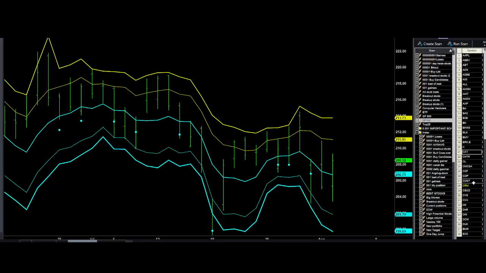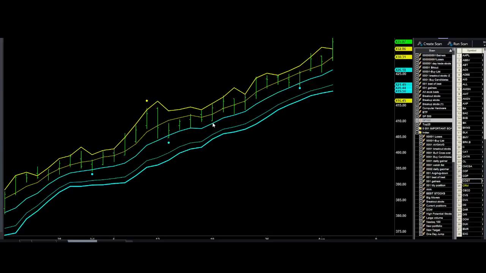So let's change it to Costco, COST, the real-time data. This is the daily, and you can see yesterday Costco had a lot of increase, with very high momentum, and even passed the top trend line, the yellow trend line. That means Costco has almost reached the high price region. You need to be cautious.